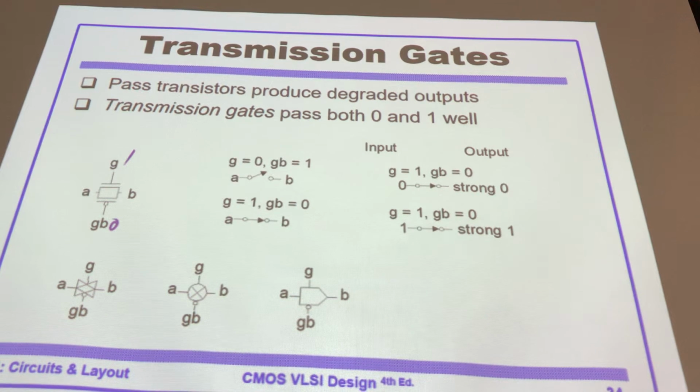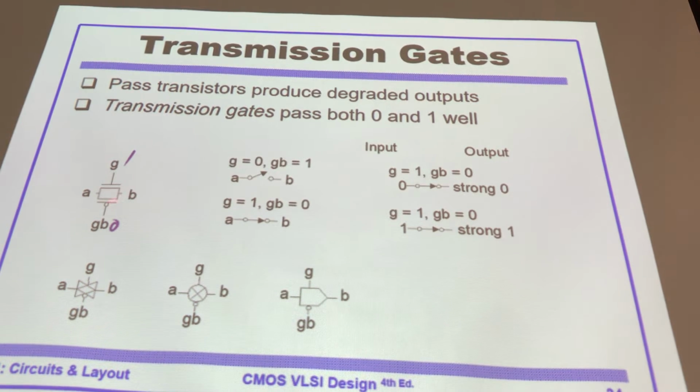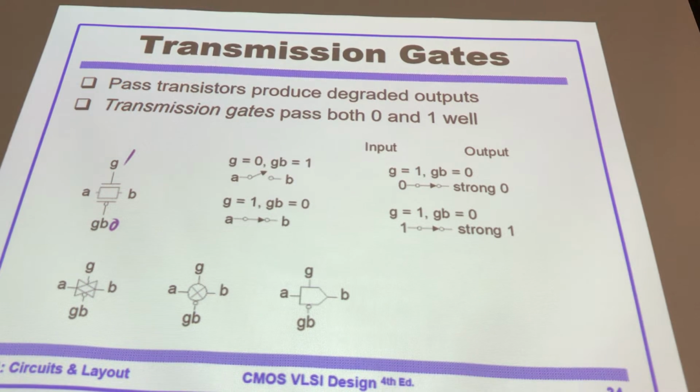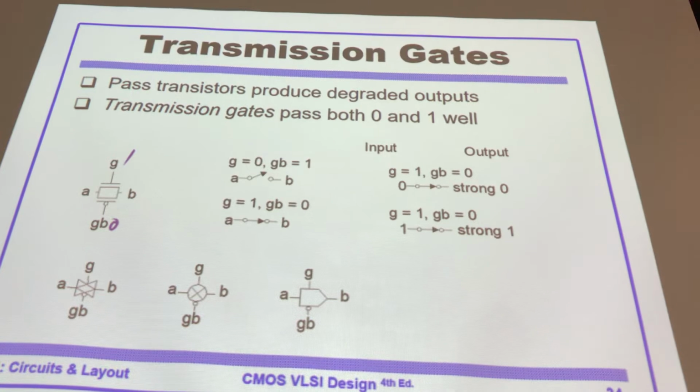G is 1 and GB, meaning bar, should be 0. Both are applied to this gate. Then this transmission gate is a switch. It's on. And its input, either from here or from here, 0, 1 will give you the same 0, 1 in output.